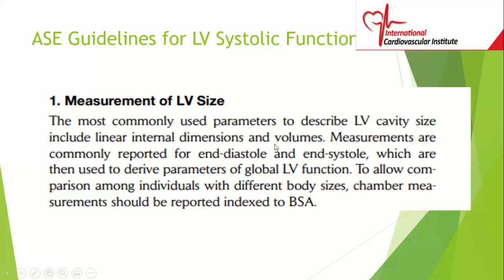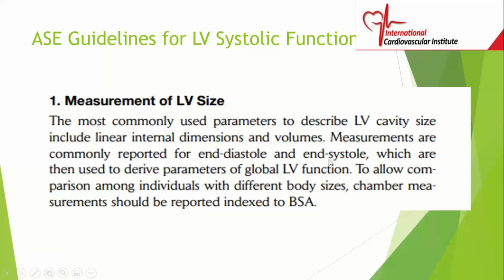We usually start with the parasternal long axis view and do certain measurements. That is standard. Then we do volumetric analysis, usually in apical 4 and 2 chambers. Measurements are commonly reported for end diastole and end systole.